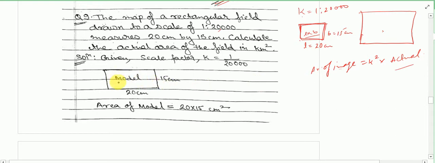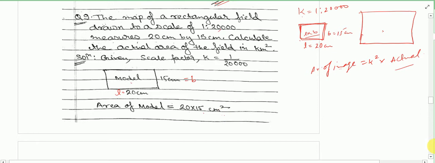So see over here, model length is 20, breadth is 15. Now the area of this model will be 20 into 15. Don't multiply it out, just let it be like this; later on you can easily cancel. Centimeter square.